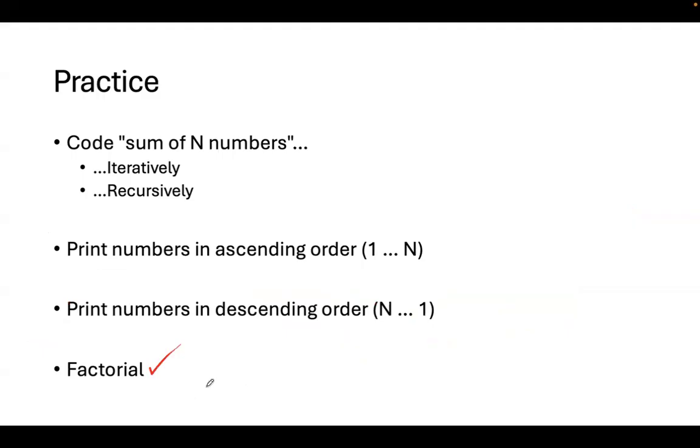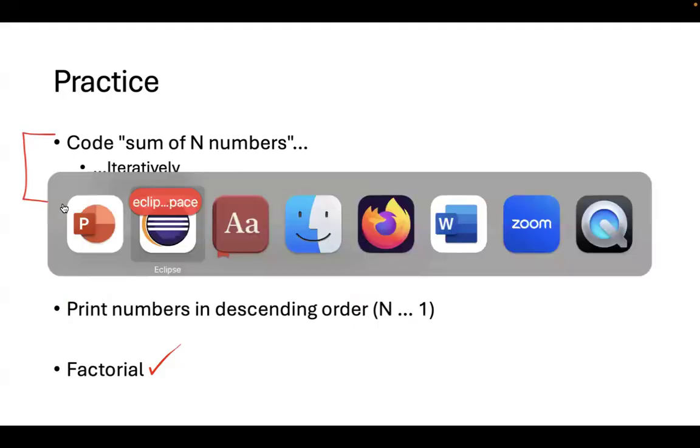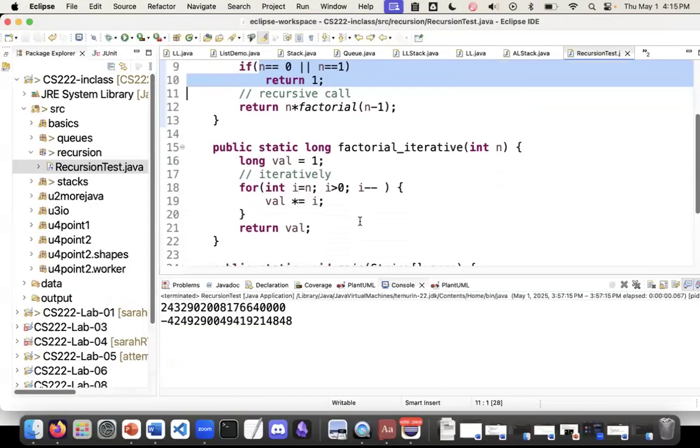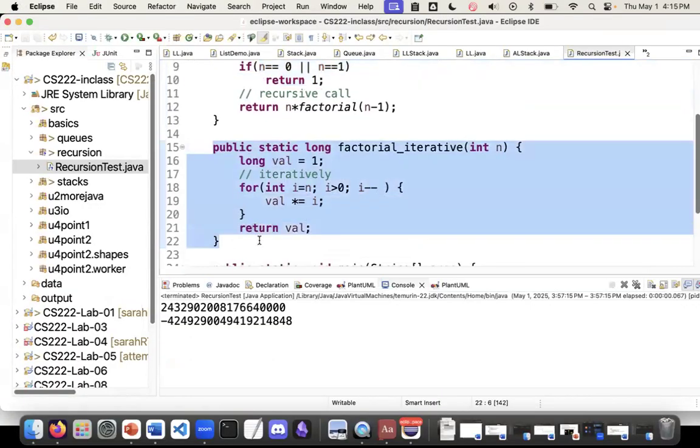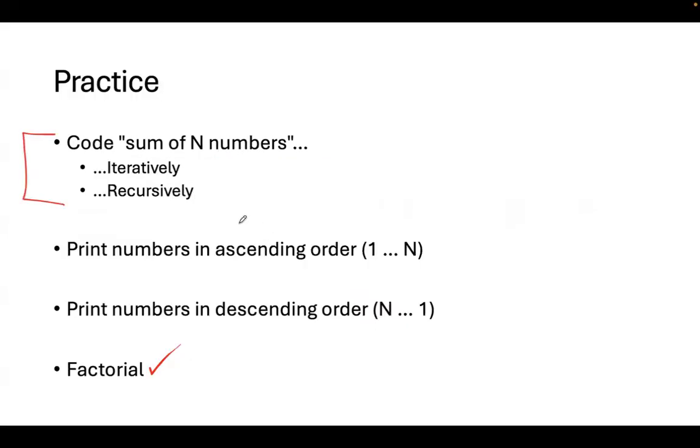So we did factorial. I would like you to talk with your neighbors for a bit and focus first on the sum of n numbers, where, like with factorial, do it iteratively, with no recursion required, and then tackle it recursively.